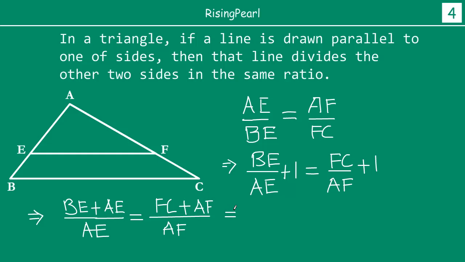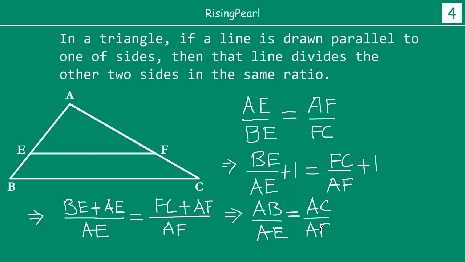Now BE plus AE is nothing but AB, so you have AB divided by AE equal to, on the right side, FC plus AF, which is nothing but AC, AC divided by AF.